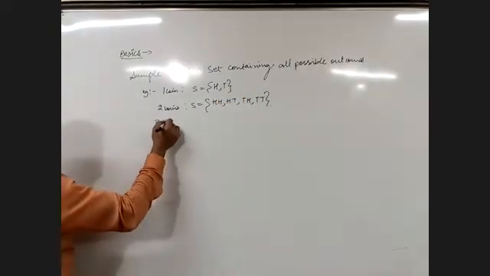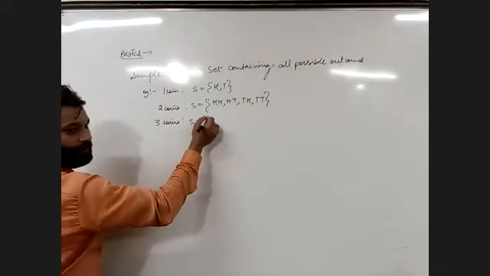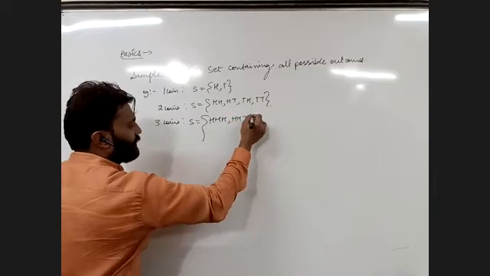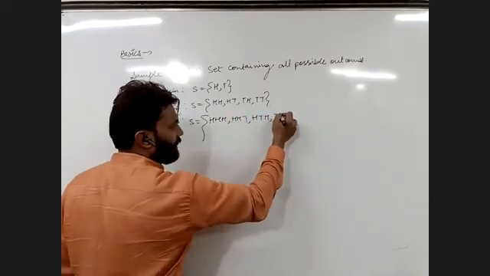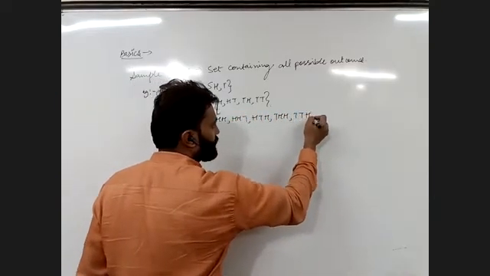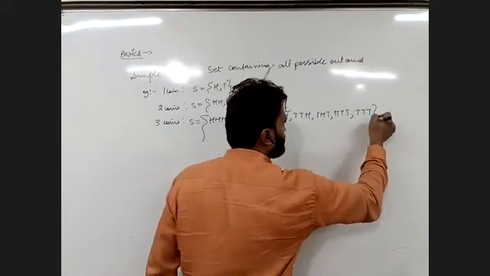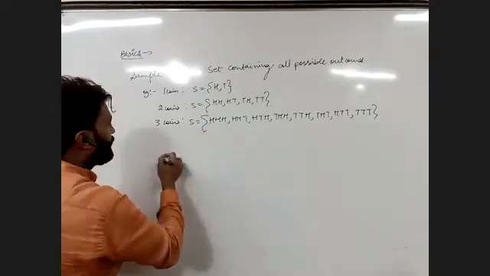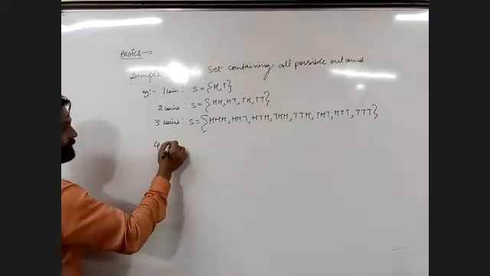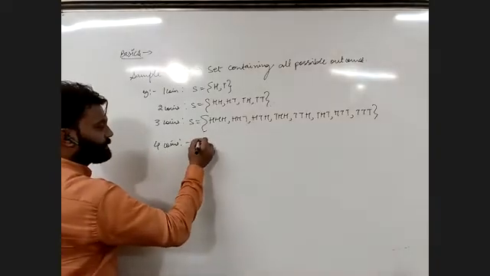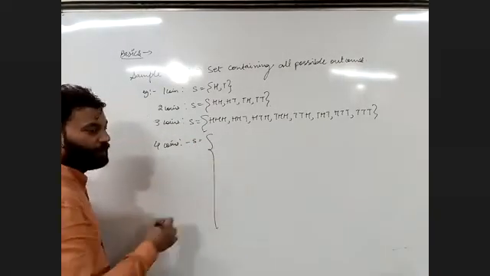If we toss three coins, the sample space will be HHH, HHT, HTH, THH, HTT, THT, TTH, and TTT. If we toss four coins together, the sample space will be this.